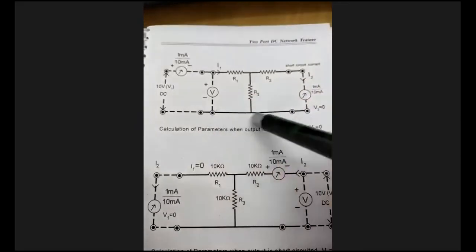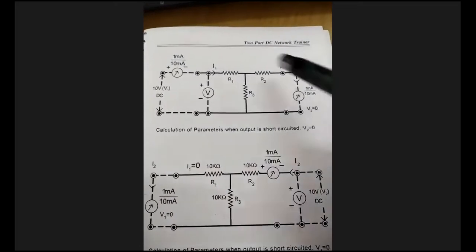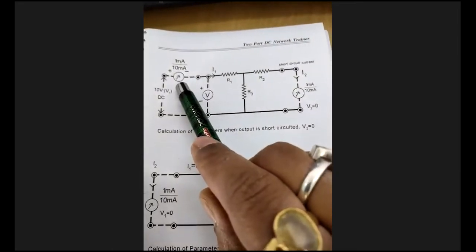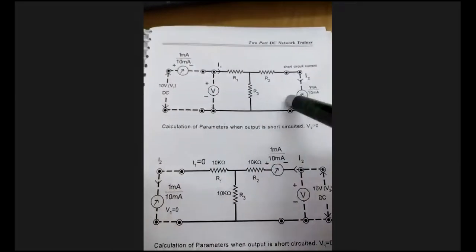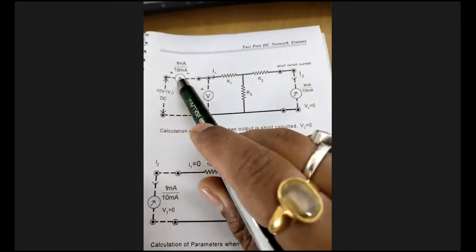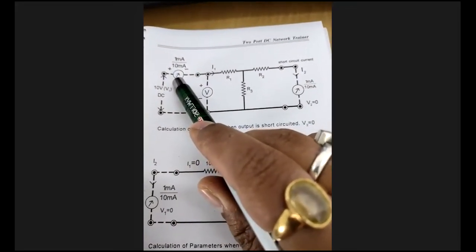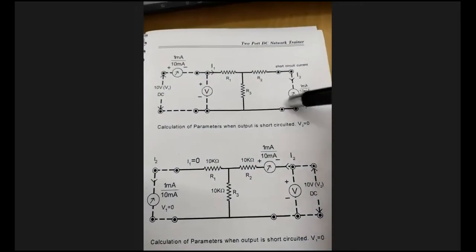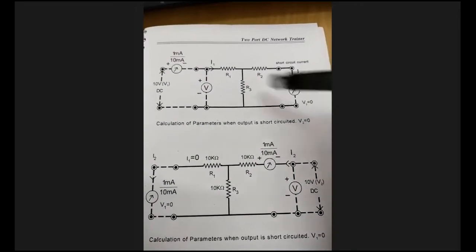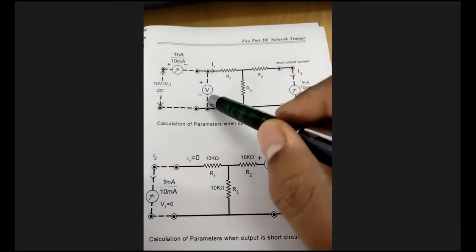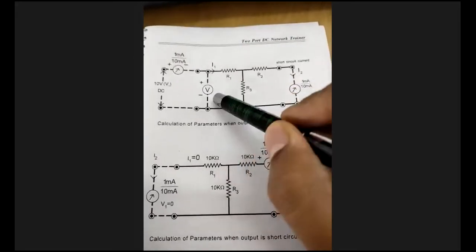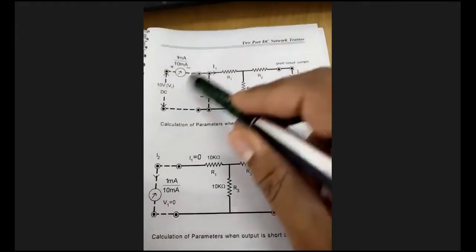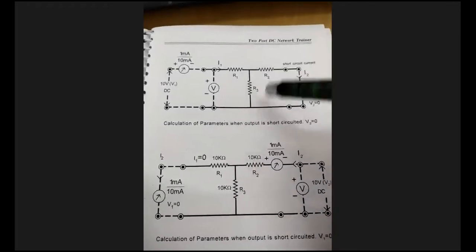If you can clearly see this circuit, when we design this circuit, we easily find out I1 and I2. Using the ammeter we can find out I1, and in the output portion we can find out I2, and in the input we connect a voltmeter so that we can find out V1. So I1, I2 and V1 we find out.